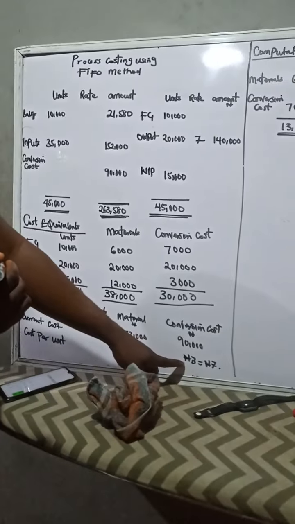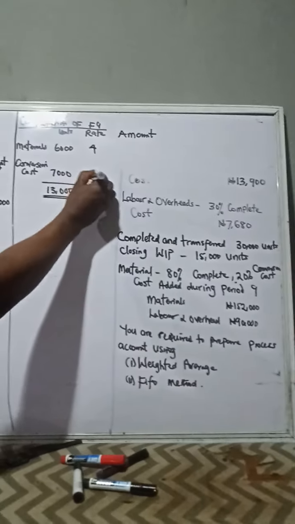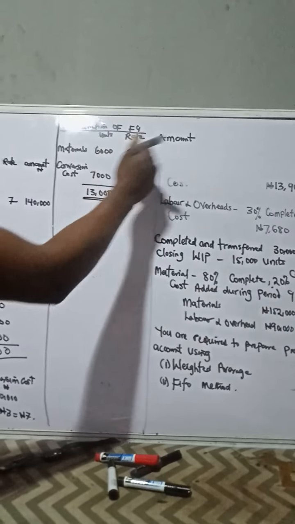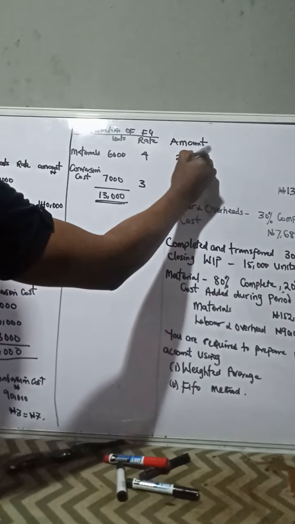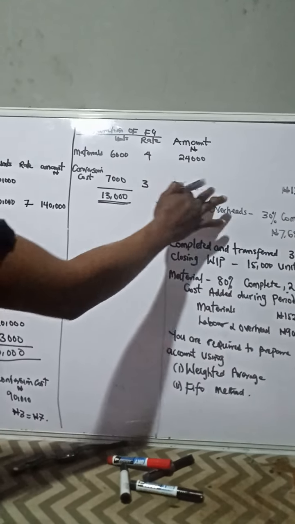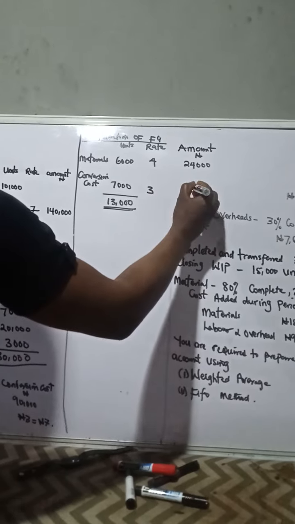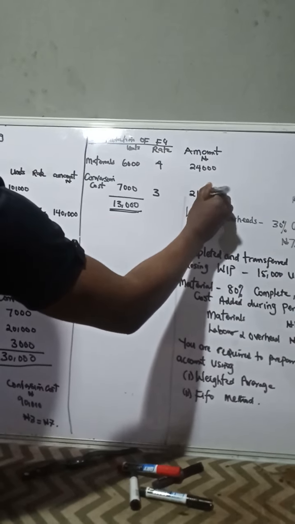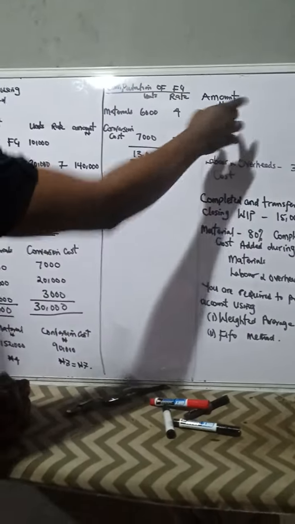For conversion cost it is 3 naira. So I'll multiply 6,000 times 4. That will give me 24,000 naira. 7,000 times 3 will give me 21,000. Do you see it now? I've gotten my conversion cost.